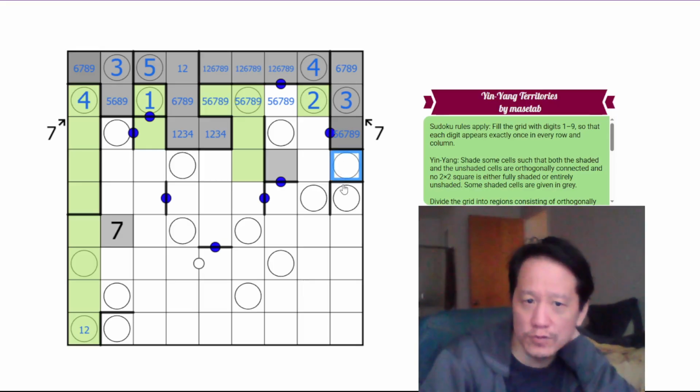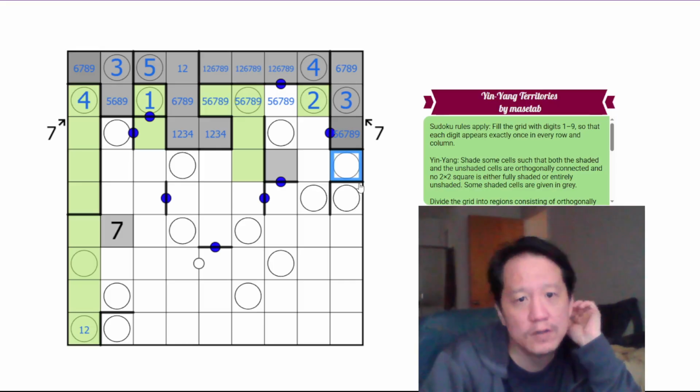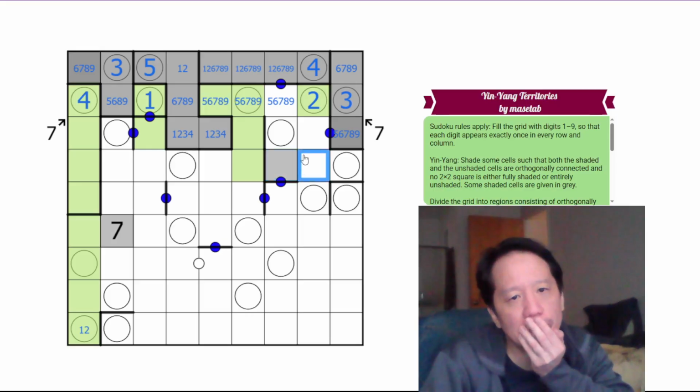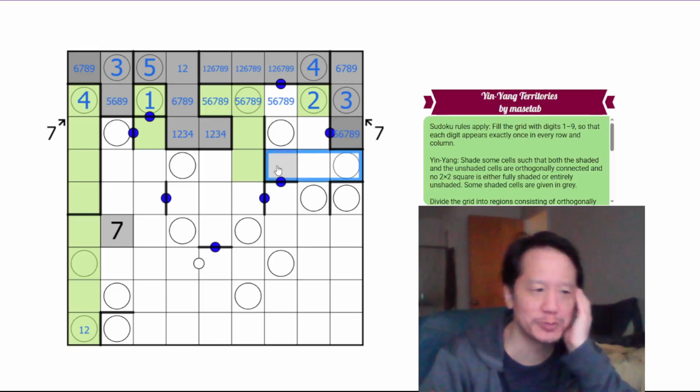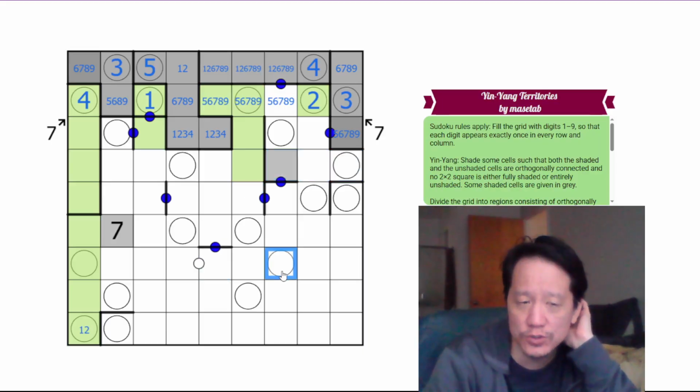So if this... That's interesting. Huh. This is shaded. It could be part of that cell, maybe. All shaded circles must be from 3, 4, and 3, 4, 5. So that's interesting too. So this is a shaded cell.